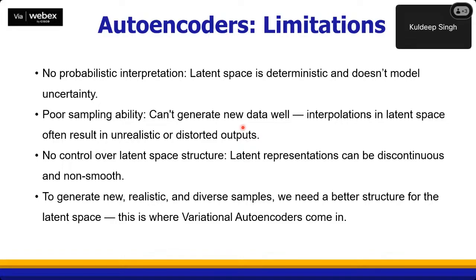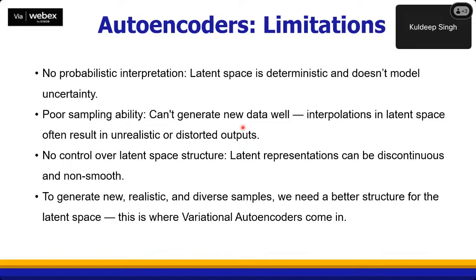Limitations, yes. No probabilistic interpretation. The latent space, the feature representation space, is deterministic and doesn't model any kind of uncertainty or randomness. Then there is poor sampling ability, it can't generate new data. There is no control over the latent space structure. The latent representation can be discontinuous and non-smooth.